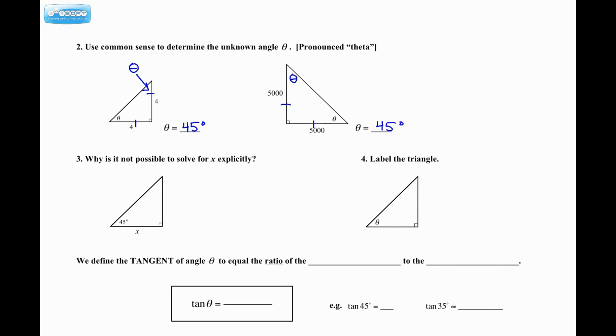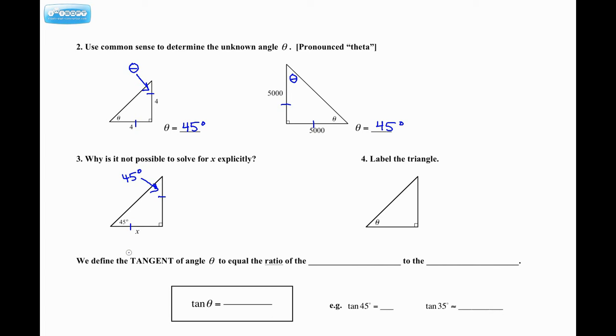Number 3. Why is it not possible to solve for x explicitly? Here I have another right triangle. This is 45. I know that's also 45, so I know all three angles. Therefore, these two sides have the same length.